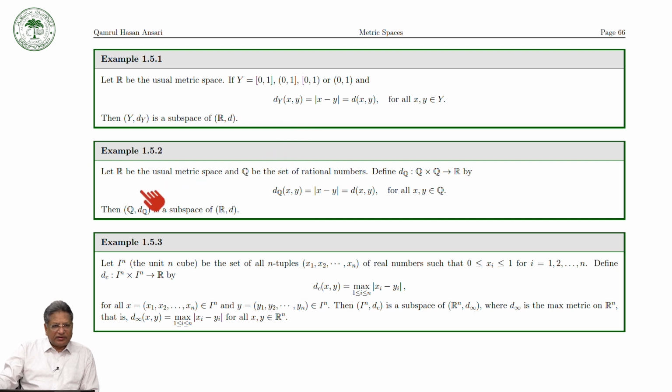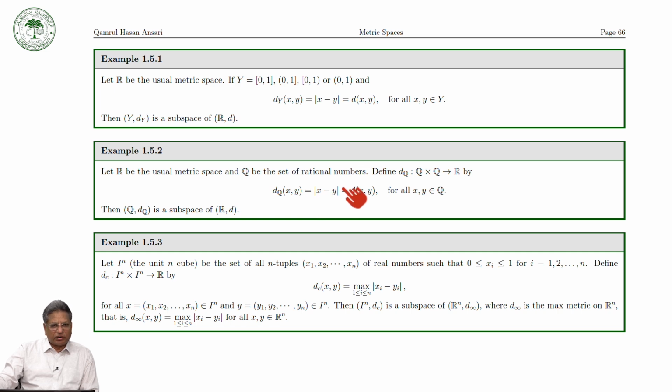Similarly, let us take R with the usual metric, and Q the set of all rational numbers, and of course Q is a subset of R. Then we define d_Q from Q cross Q to R by d_Q(x, y) equal to mod of x minus y.